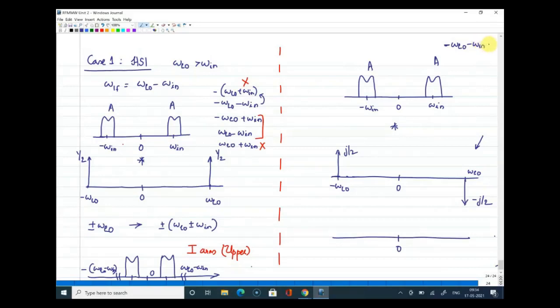This is not reversed, so I put a tick mark. Then the next will be minus omega LO plus omega in. Both are multiplied with j by 2, so the signal remains the same as j into A by 2. These two I'll put a tick mark.